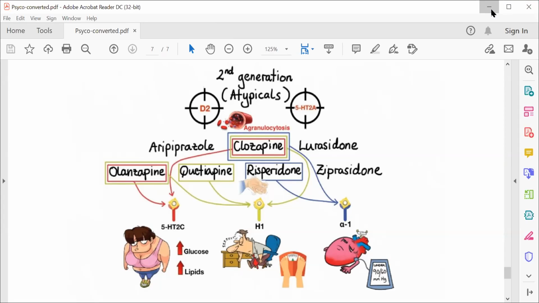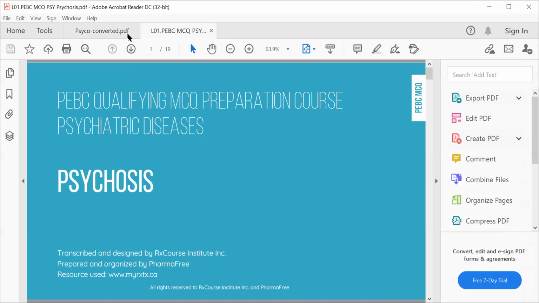Dr. Ayman, please correct me if I am wrong. Olanzapine, I read in the monograph that it also has alpha-1 adrenergic blocking activity. To some extent, yes. They cause some side effects from the alpha-1 adrenergic blockade. When I see your drawing, you connect Clozapine with alpha-1, but Olanzapine also has alpha-1 adrenergic blockade.